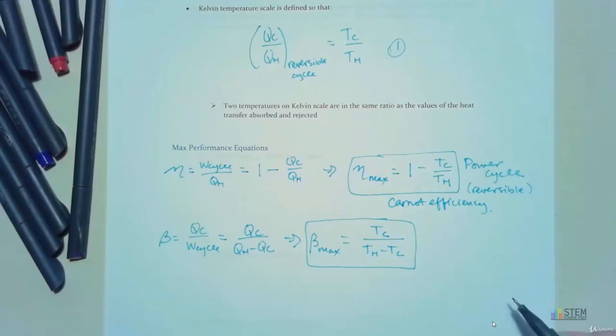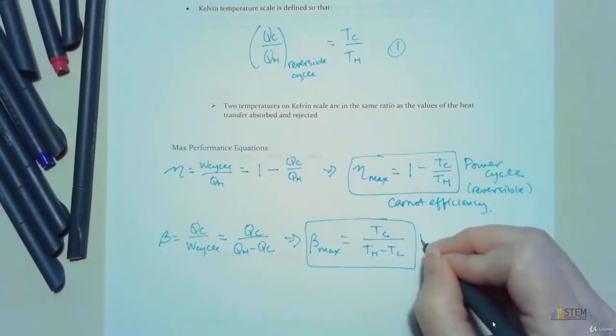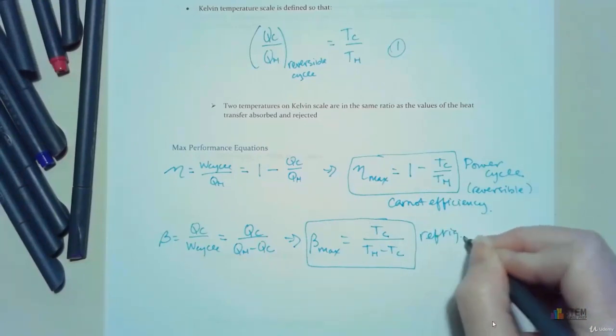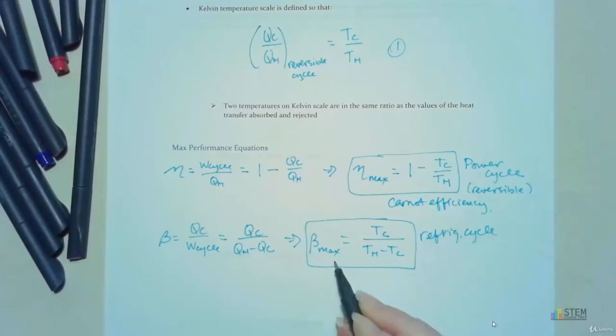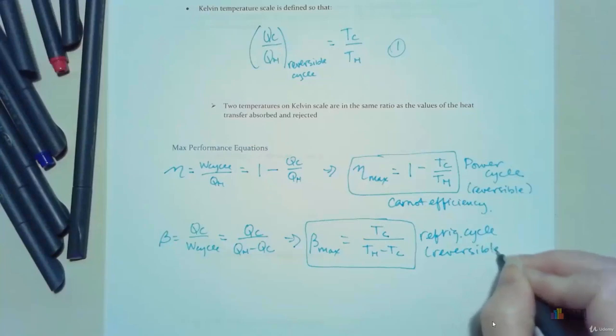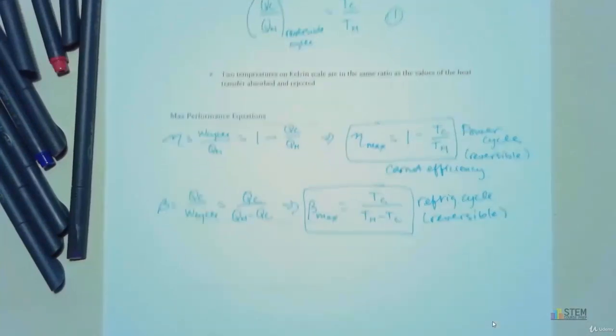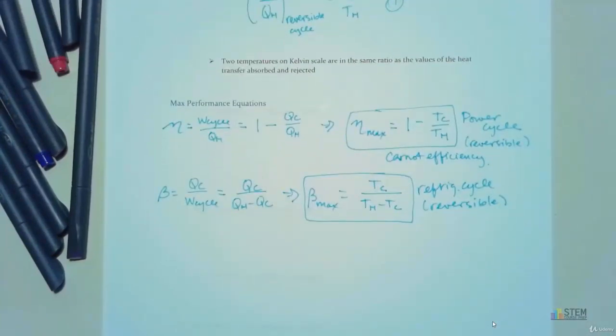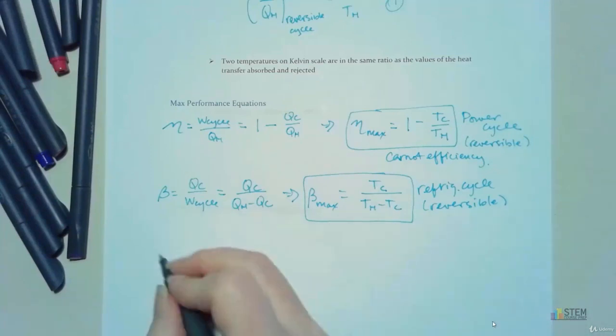That'll give you your max performance. Now, this is for the refrigeration cycle. And remember, since it's the max, that also means it's got to be reversible, because reversible is the ideal case. That's what you would really want to have if you could have them.